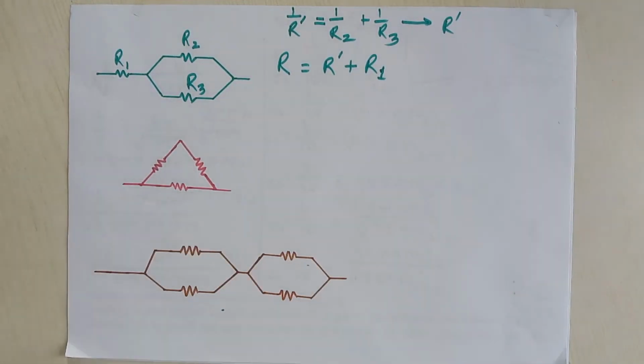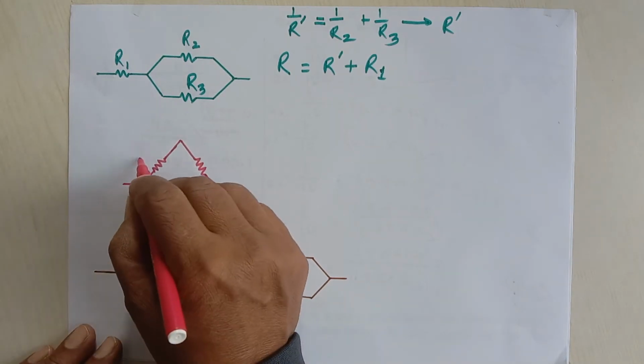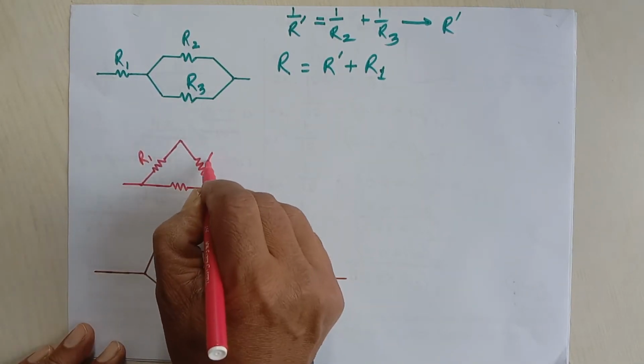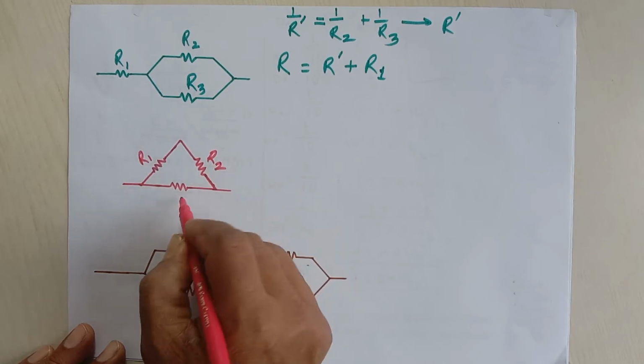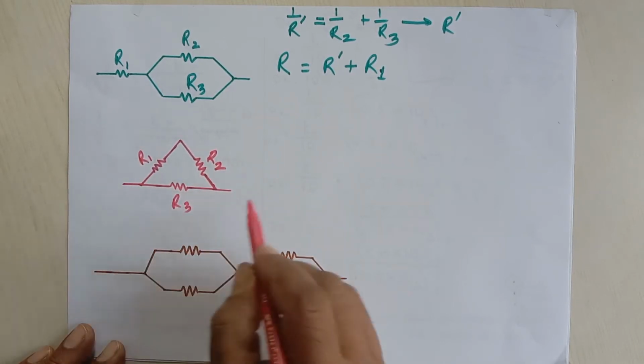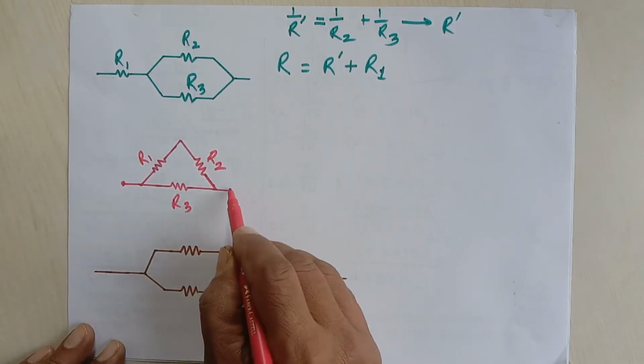Okay, now look at this another one. Let's say this is R1, this is R2 and this is R3. Now what is the equivalent resistance, the total resistance between these two points?